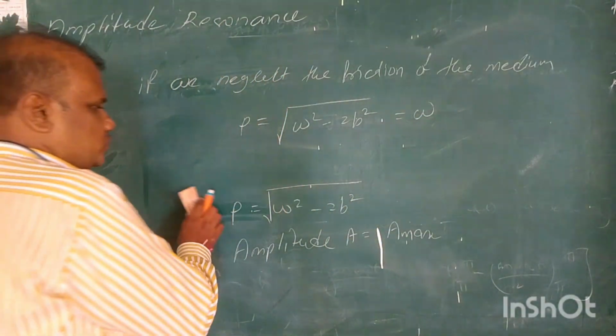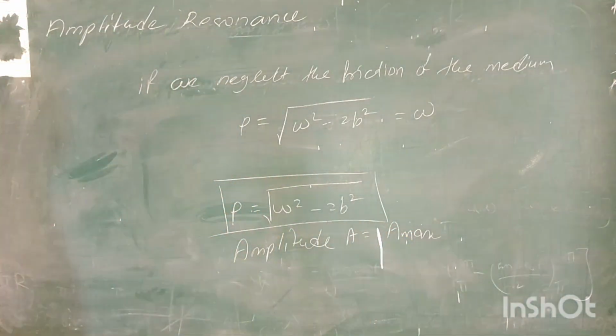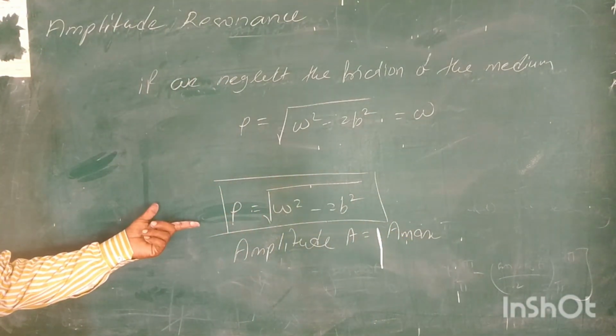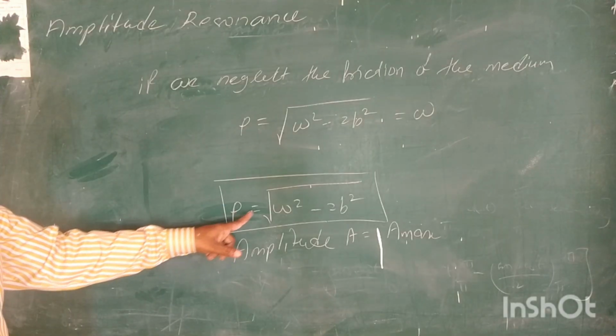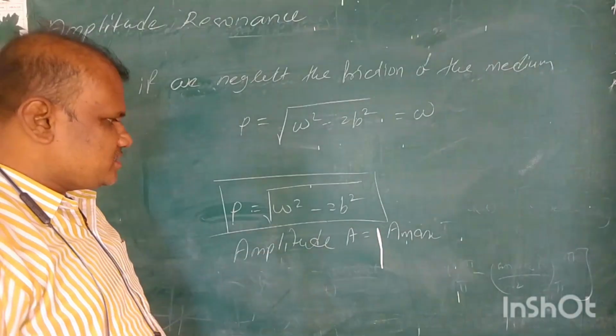Actually, to get the maximum amplitude in case of a forced oscillator, the applied force angular frequency p should be equal to under root of omega square minus 2b square. So this is the condition to get the maximum amplitude.